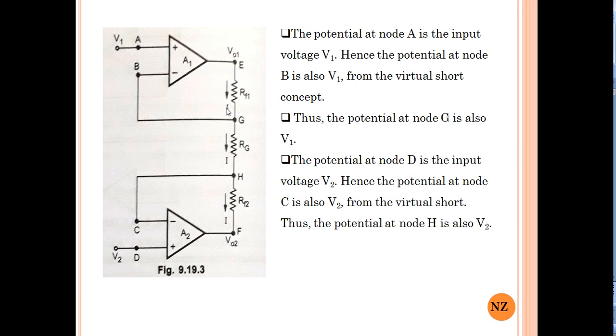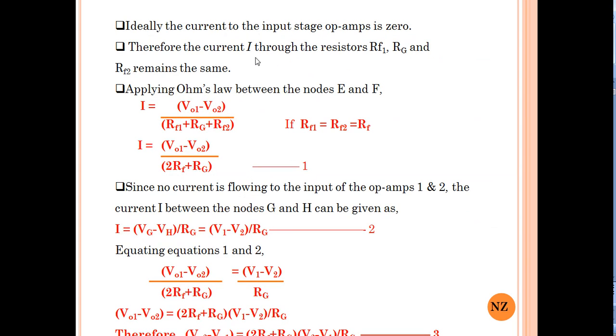Let us first calculate the value of the current. As you can see in this particular branch, the current flows because all the resistances are in series. So the same current flows from V01 to V02. Let us find the current from node E to F and then from node G to H. We know that ideally the current at the input of the op-amp is 0.